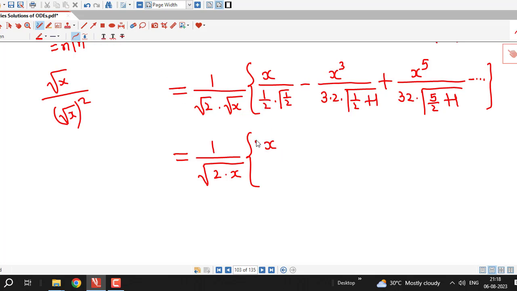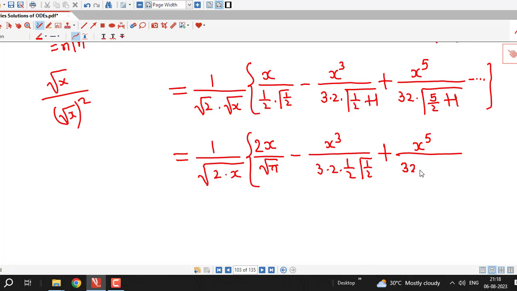So this 1 by 2 I can take in the numerator. 1 over 1 by 2 is 2, and gamma 1 by 2 is square root of pi, minus x cube divided by 3 into 2 into gamma 1 by 2 is 1 by 2 into gamma 1 by 2, plus x raised to 5, 3 by 2, gamma 5 by 2 plus 1 is 5 by 2 times gamma 5 by 2, and so on.